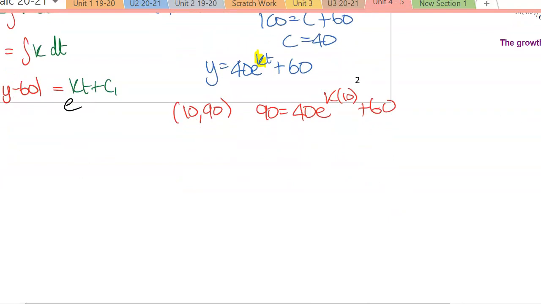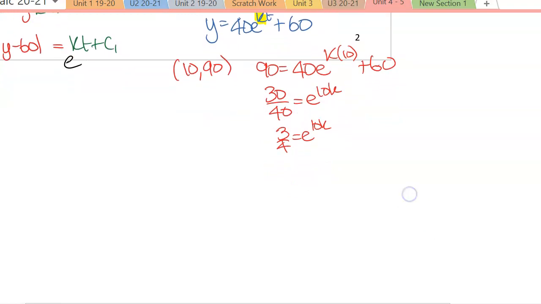Move over: 90 minus 60 is 30, divided by 40 equals e to the 10k. So I just brought the 60 over and divided both sides by 40, so 3/4 equals e to the 10k.